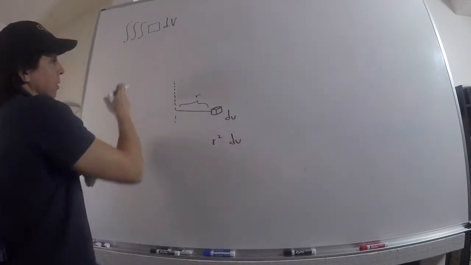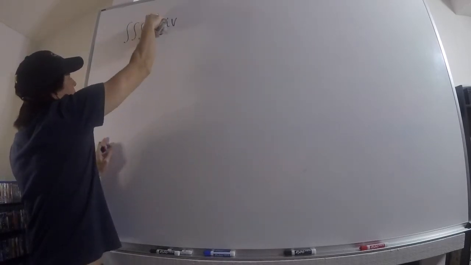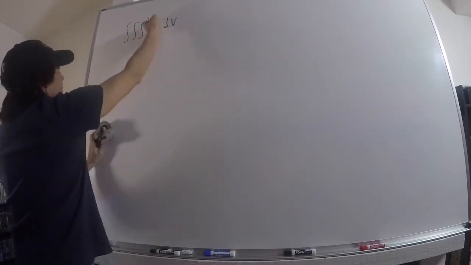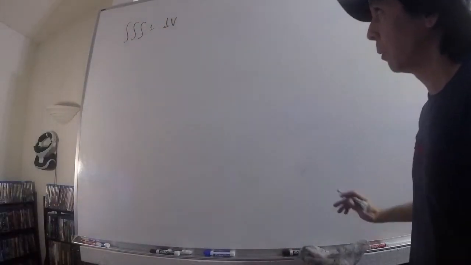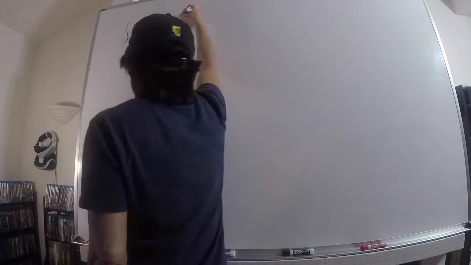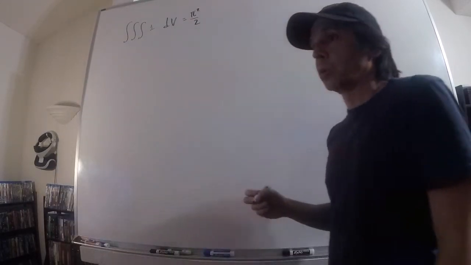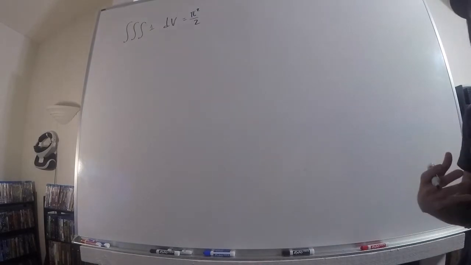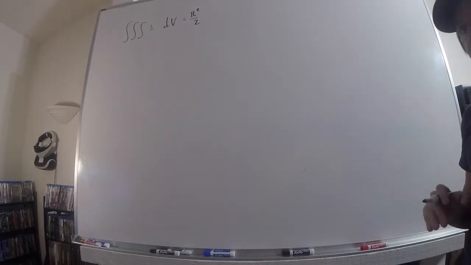Anyway, we'll have a little integrand there when we're trying to do the inertia. But for now, the whole issue is just setting up an integral where we can integrate over that region. So let's just do the volume. And we know it's supposed to be pi squared over 2 because he gave it to us. But us doing it will help us figure out how we're going to set up the integral to actually do the moment of inertia. So we're just going to do the volume.